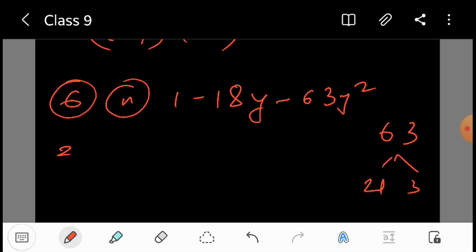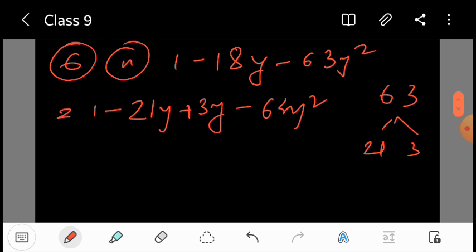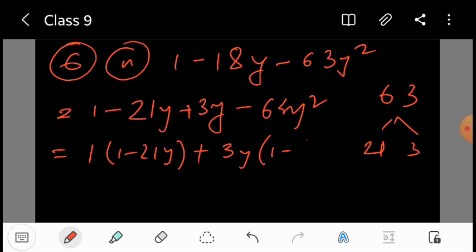So we need to do it like this one, 21 minus 21y plus 3y minus 63y square. So here you go, if we take 1 as common from these two, that will be 1 minus 21y, plus, if I take 3y as common, then again it will be 1 minus 21y.